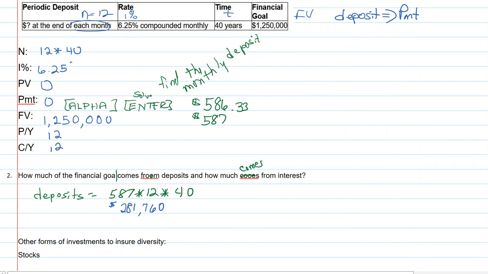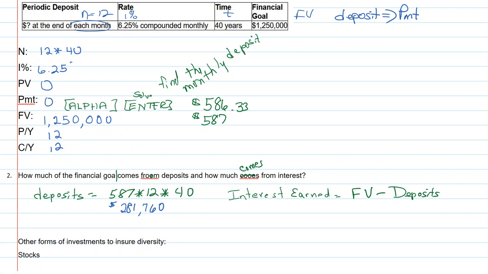This one's pretty good, isn't it? So interest earned is future value minus deposits.